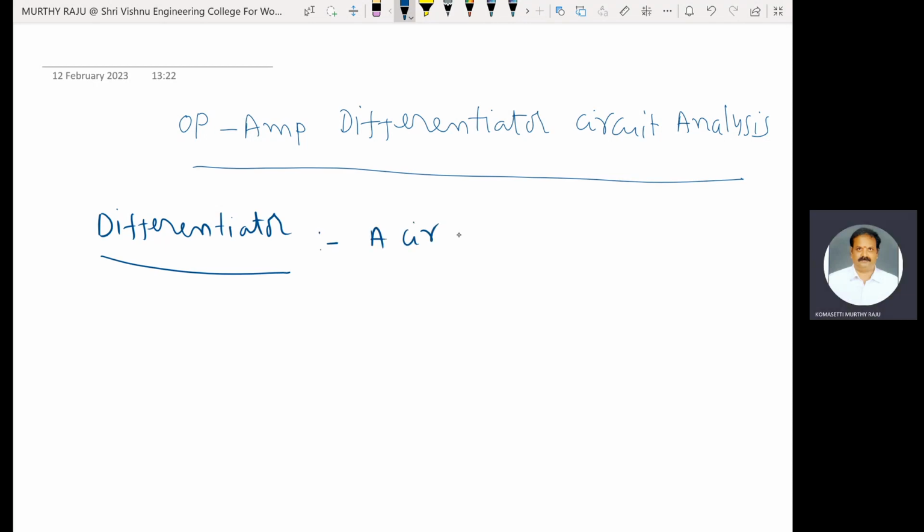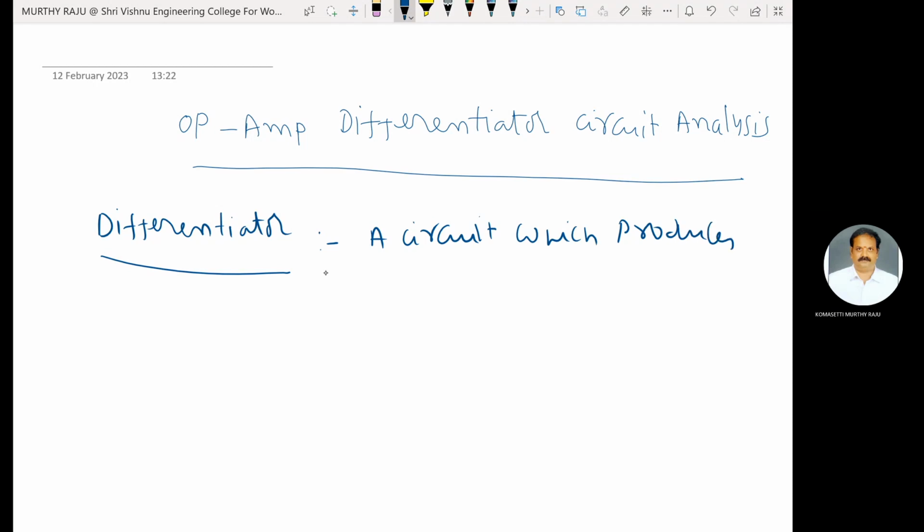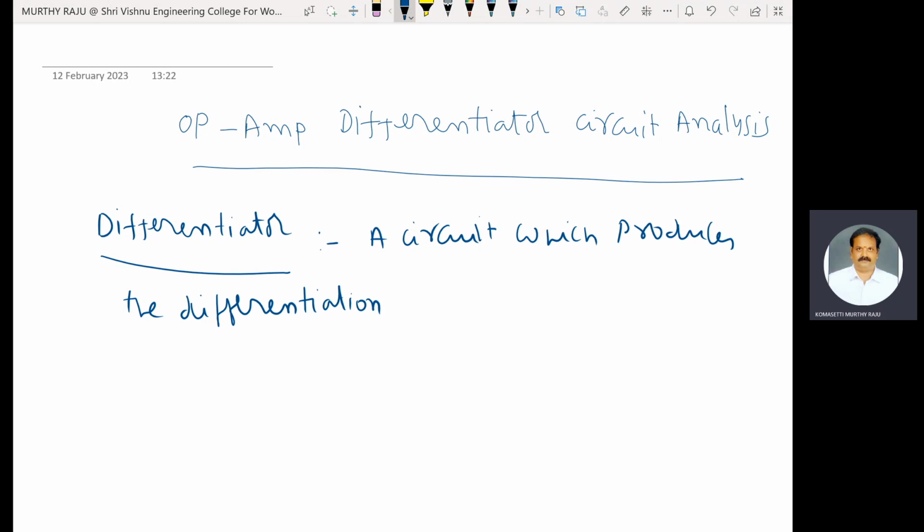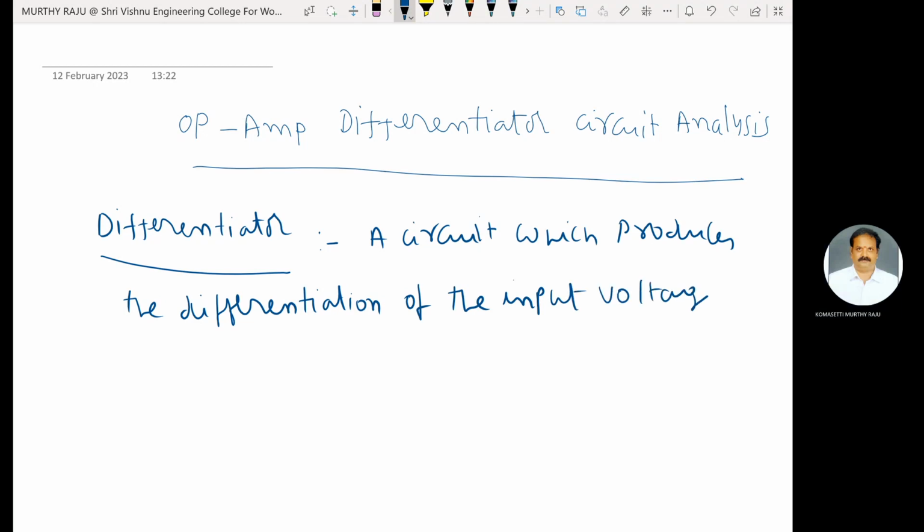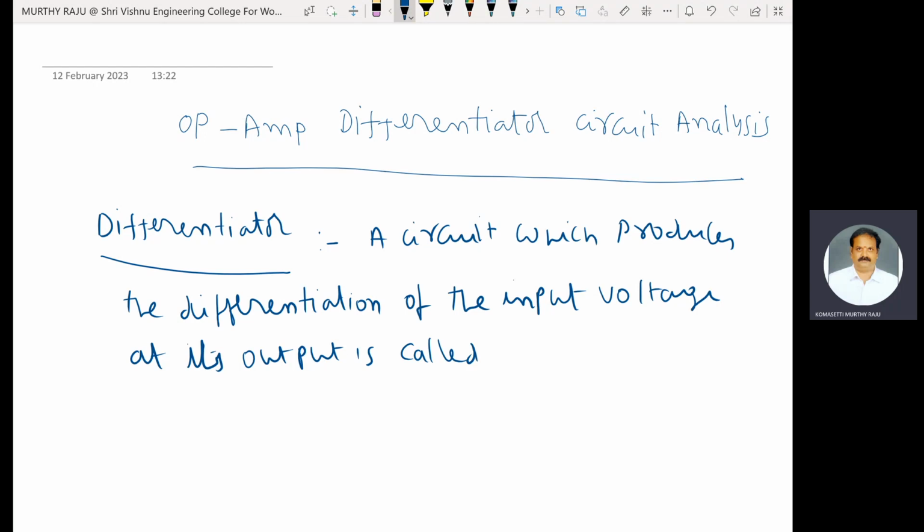A circuit which produces the differentiation of the input voltage at its output is called a differentiator.